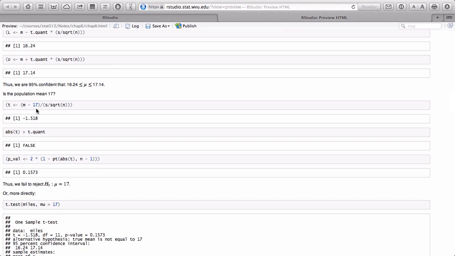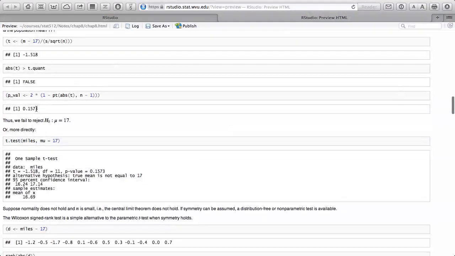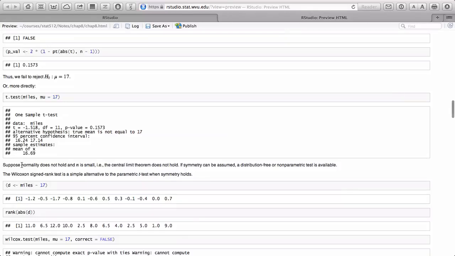Since we're taking the absolute value, you're getting the area to the left of plus 1.518. So we subtract that from 1 to get the upper tail, and then we double it to get the upper and the lower tails. So that's the justification for that computation. Other questions on that?